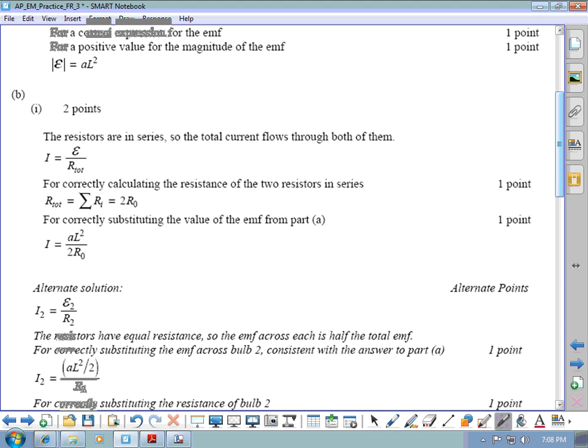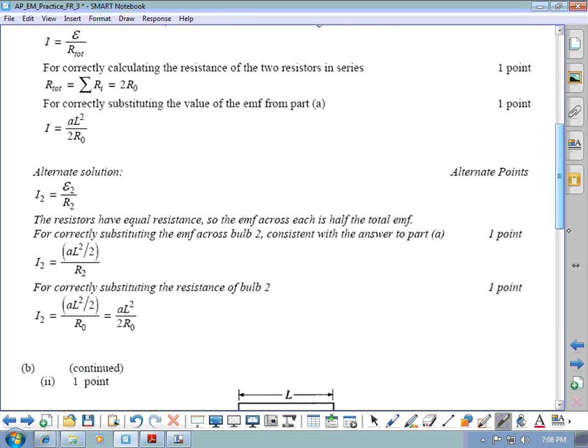Part B, the resistors are in series, so the total current flows through both of them. So the current is the voltage over R total, but you had to calculate what that total resistance was. So it was 1 point for correctly answering that the total resistance was 2R0, and then it was 1 point for correctly substituting the value from part A. An alternate solution: the two resistors have equal resistance, so the EMF across each is half of the total EMF.